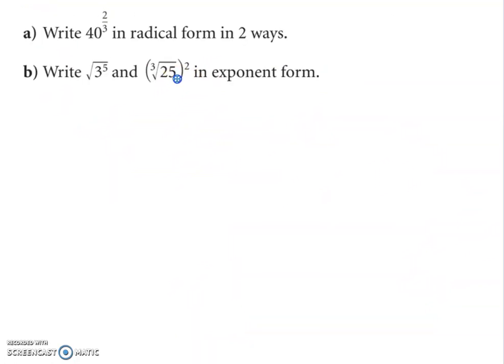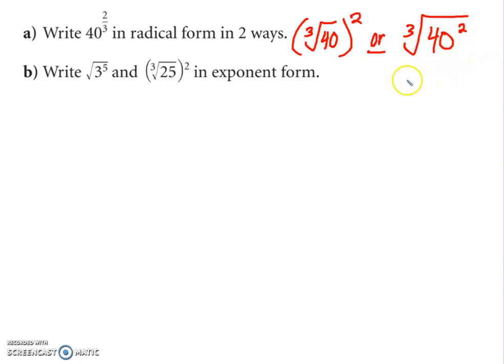So in terms of writing this in two different ways, we could rewrite this radical as either the cube root of 4 raised to the power of 2. So we could put that exponent outside a pair of brackets here, or you're welcome to put it within the radical. So that's two different ways that you could write this.